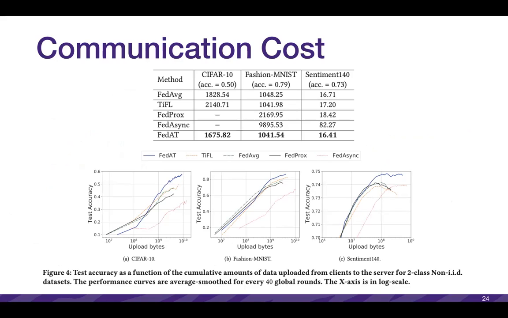For example, in the first column, when the accuracy is 0.5, FedAT needs to upload this much data to the server, so it can reduce the communication cost. And you can also see from the figure that when the test accuracy is the same, FedAT uploads the least data.